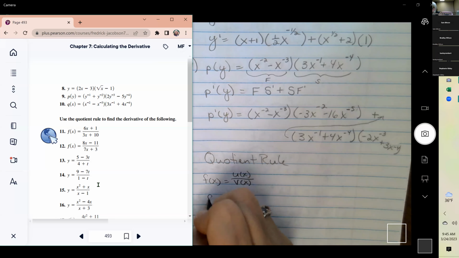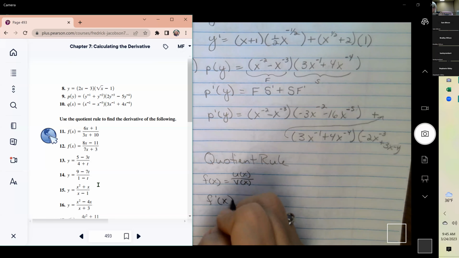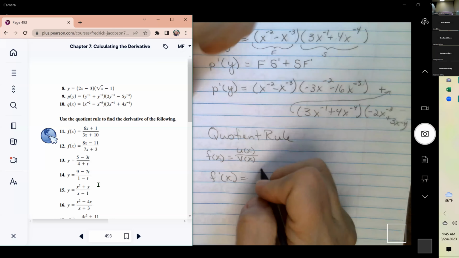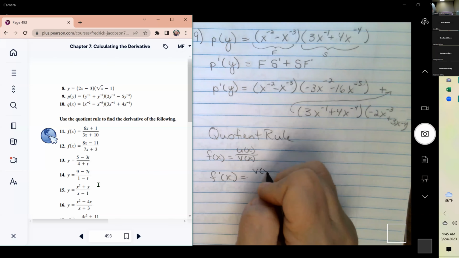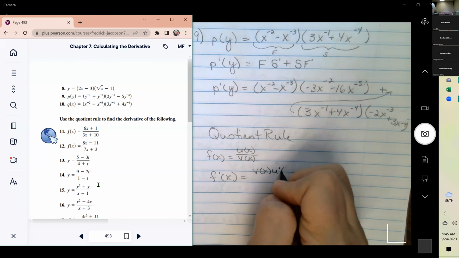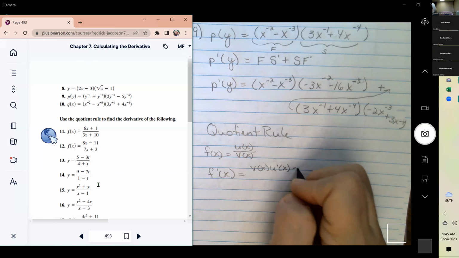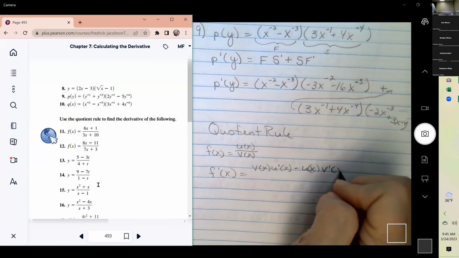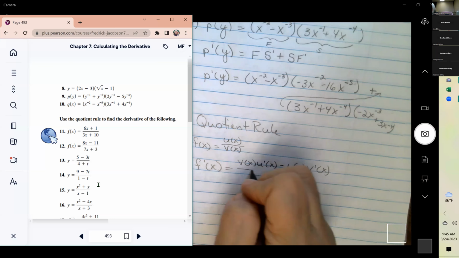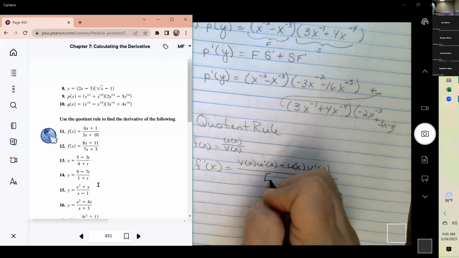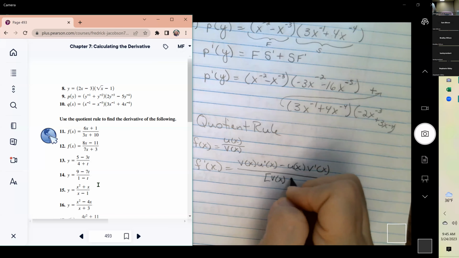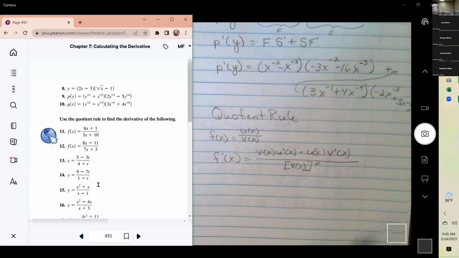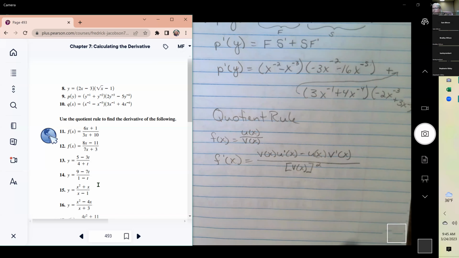When you find the derivative, it's bottom times the derivative of the top minus the top times the derivative of the bottom all over the bottom squared. Of course, top and bottom, that's an easier way of remembering it.